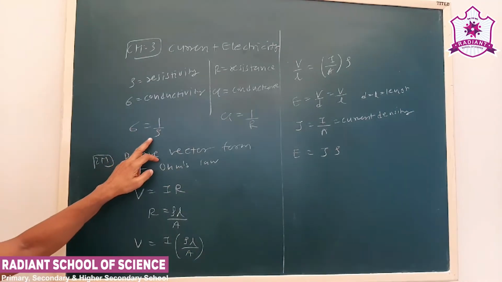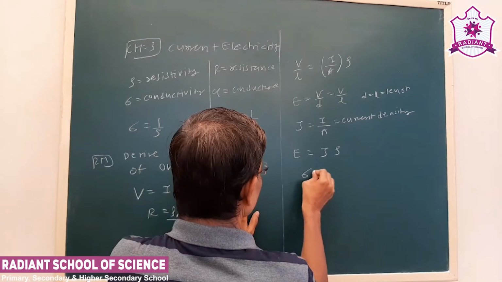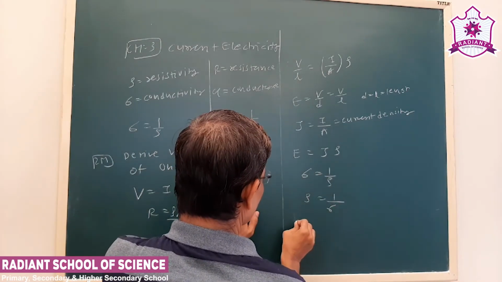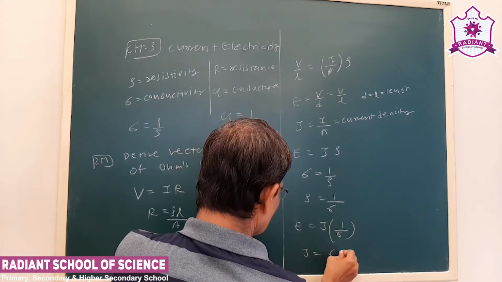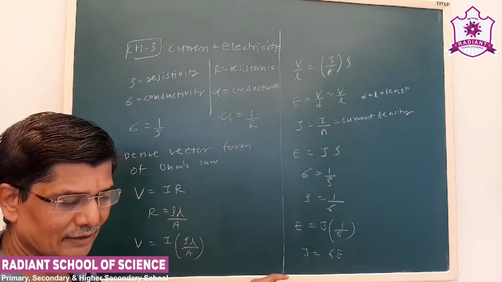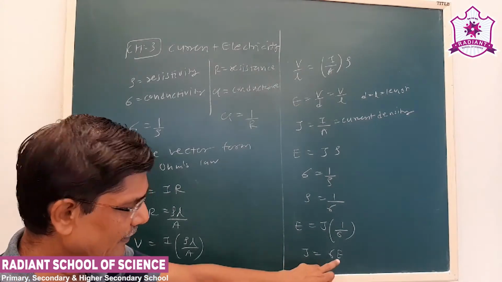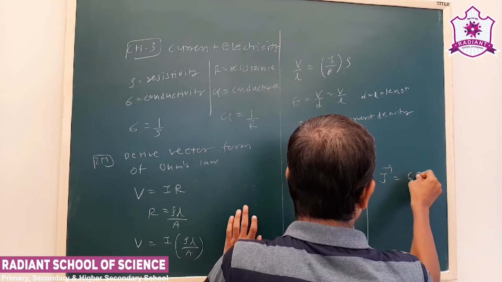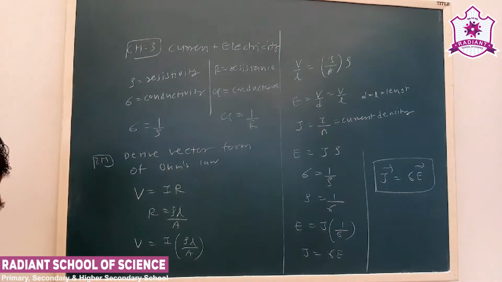Now see, sigma is the reciprocal of rho, so rho is equal to 1 upon sigma, E is equal to J into 1 upon sigma, J is equal to sigma E. Okay, so current density is a vector quantity, electric field is also a vector quantity, so J is equal to sigma E is the vector form of Ohm's law.